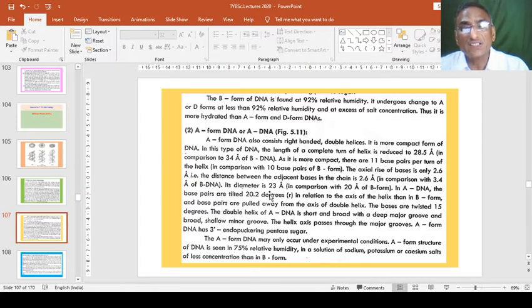Its diameter is 23 angstrom in comparison with 20 angstrom of B form.